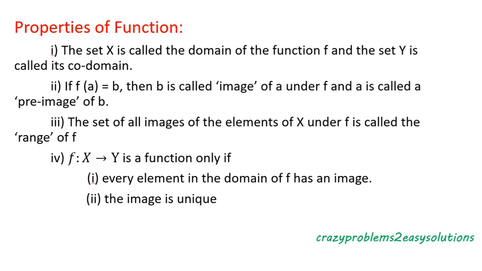Properties of functions. The set X is called the domain of the function and the set Y is called the codomain of the function. So X is the domain and Y is the codomain.